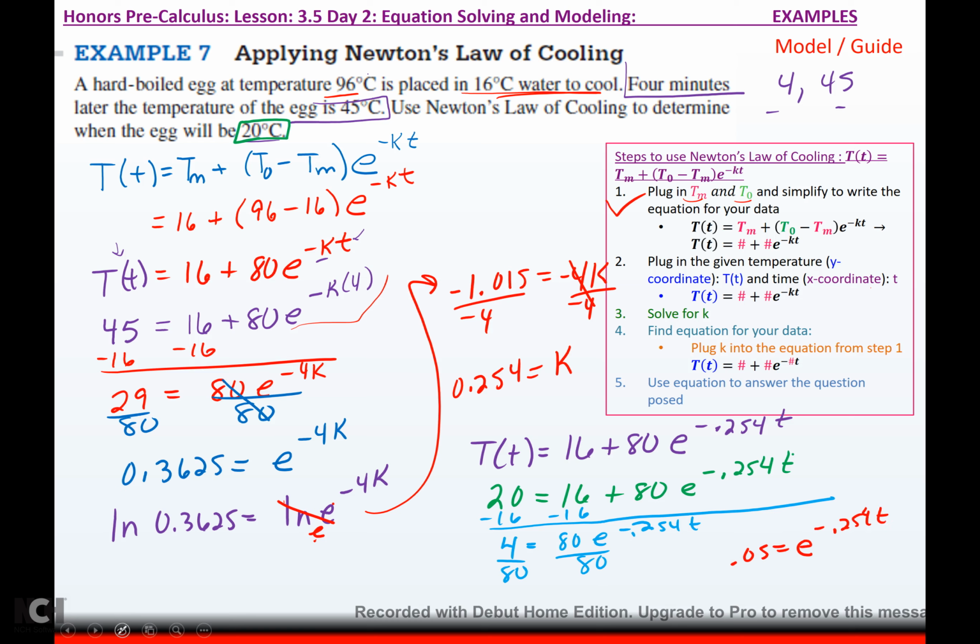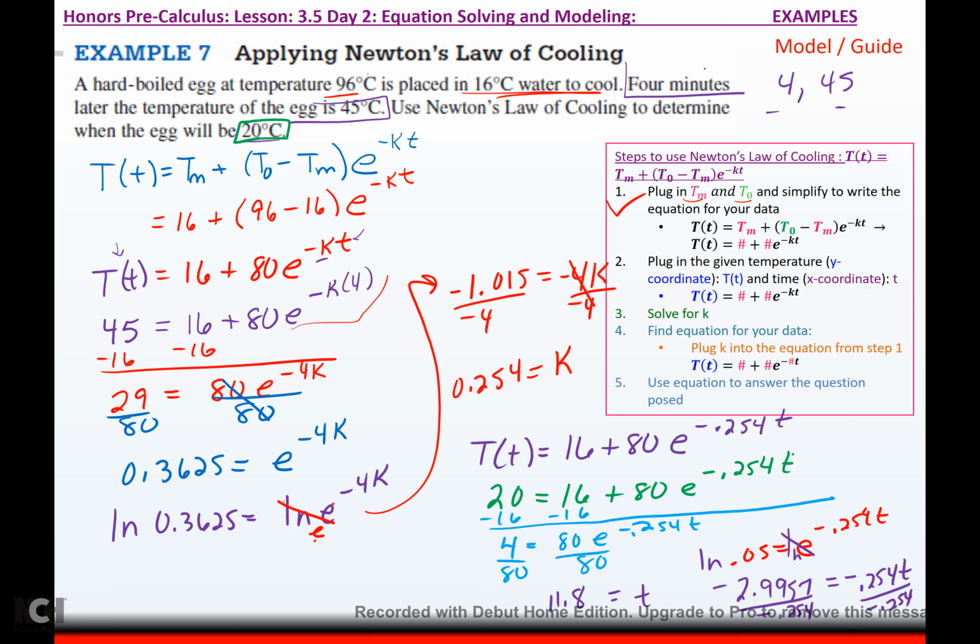t is in the air, so I need to take the natural log of both sides. ln of 0.05 is negative 2.9957, and so on, equals, that cancels, negative 0.254t. Divide by negative 0.254, and I get time equals 11.8 minutes.